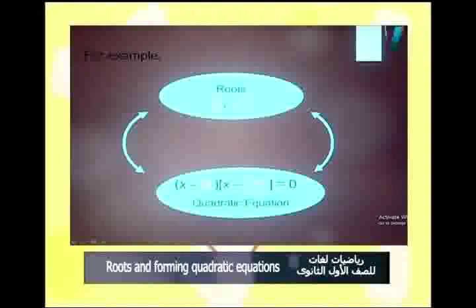We multiply all of them equal to 0. It will be the quadratic equation. If alpha and beta are the two roots of the quadratic equation in x, then the equation will be, in general, x minus alpha multiplied by x minus beta equals 0.